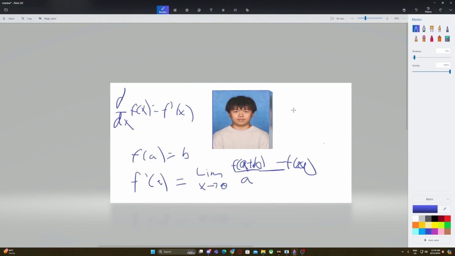And L'Hopital is getting the derivative of both sides of a fraction in a limit that's in indeterminate form. So you do d over dx on both sides.